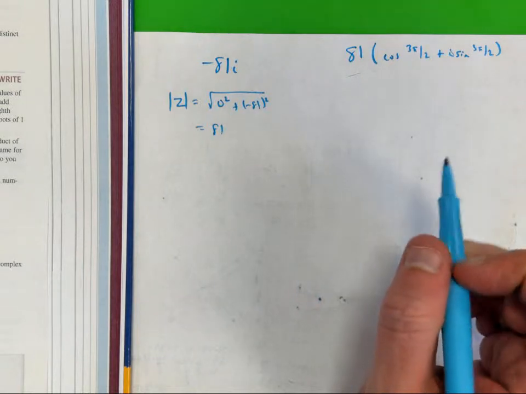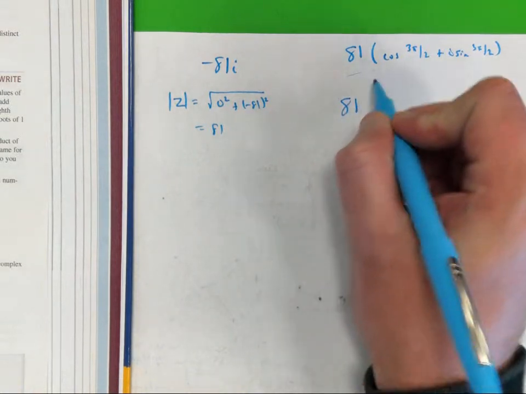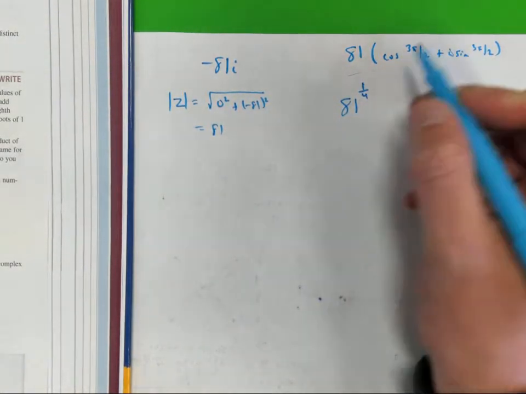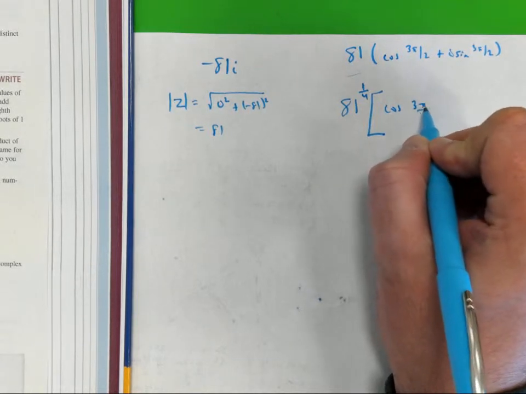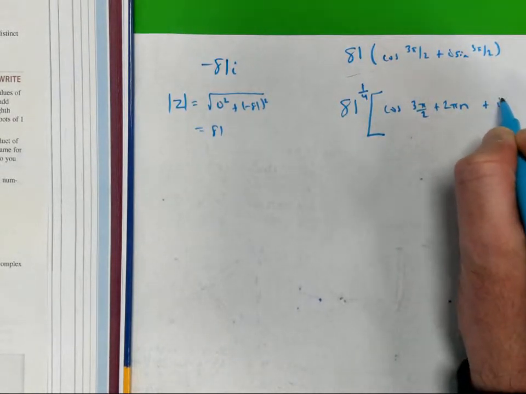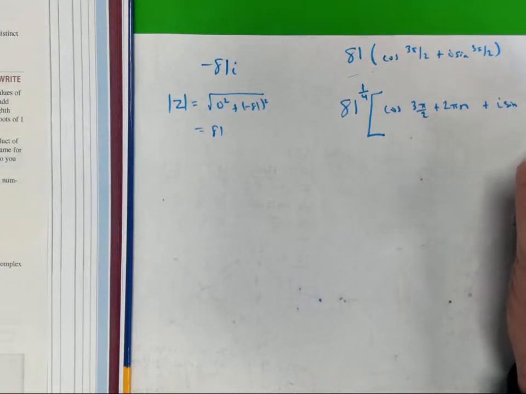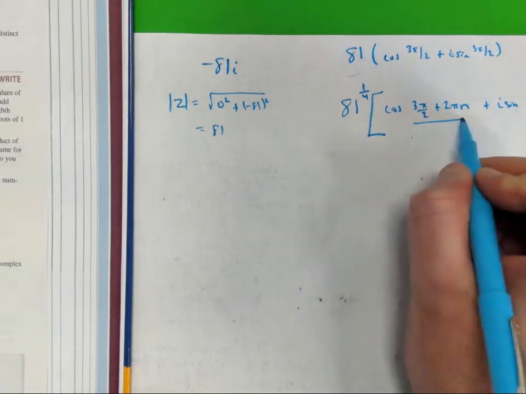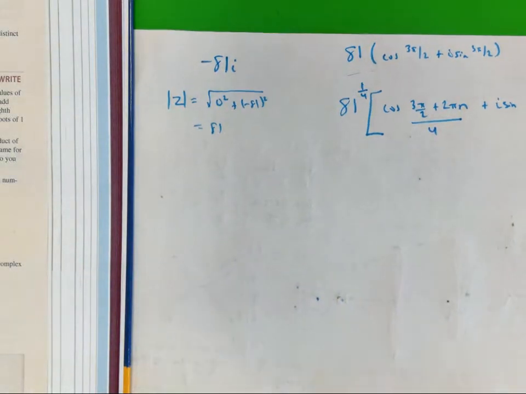Now, I'm looking for the fourth root. So I'm going to do 81 to the what? 1/4, times cosine of 3 pi over 2 plus 2 pi n, plus i sine of 3 pi over 2 plus 2 pi n. And all that's going to be divided by what number? 4. And you set the problem up.